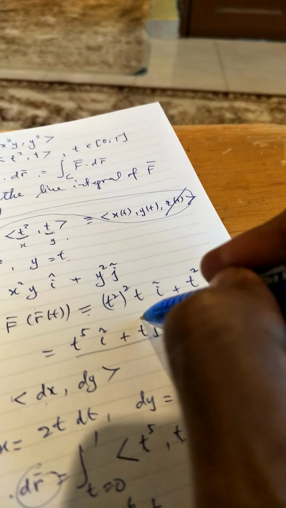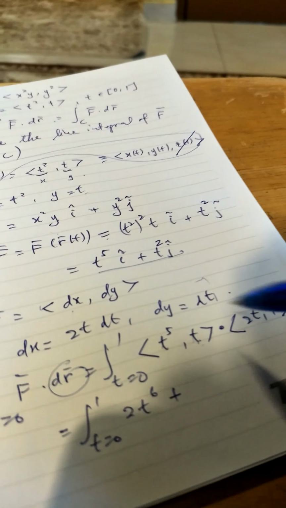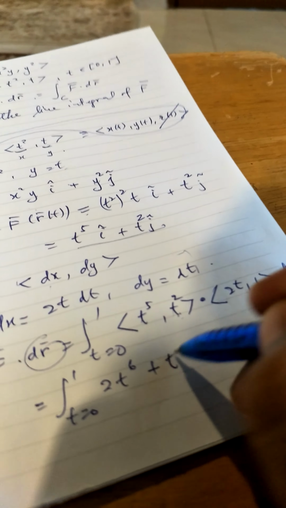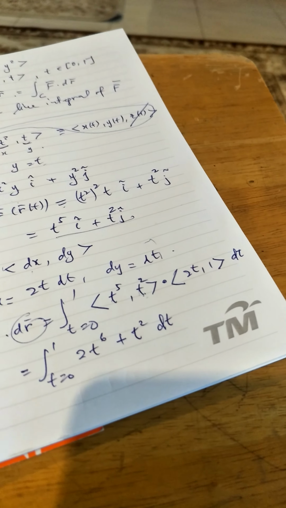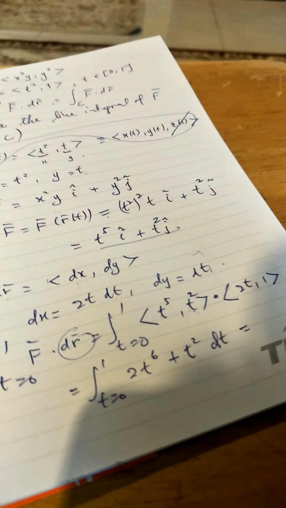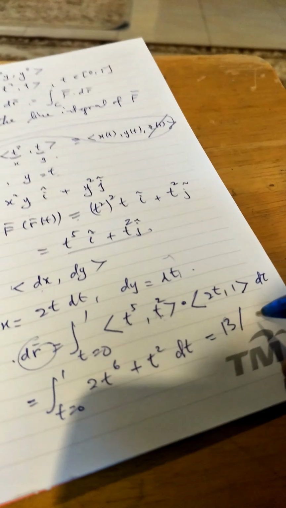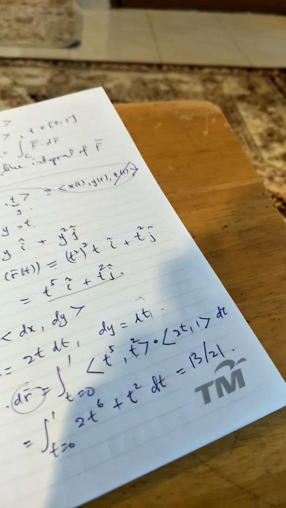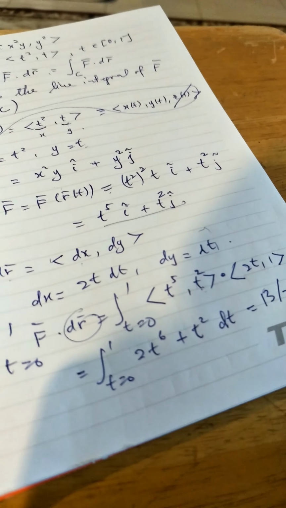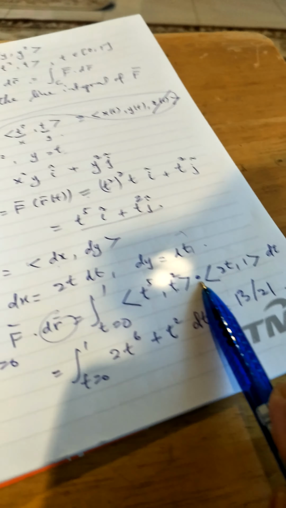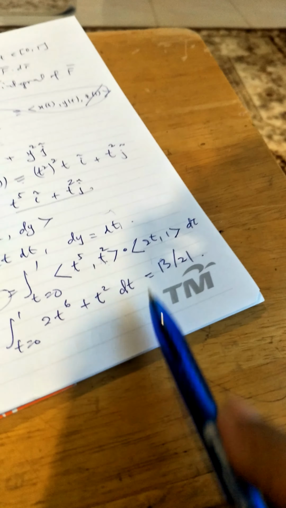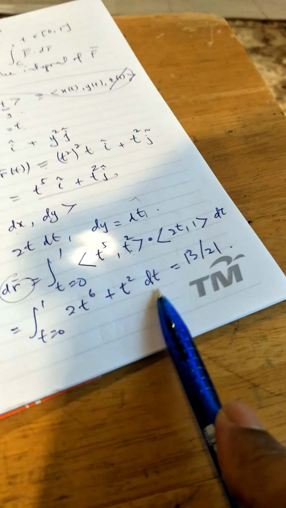So it should be t squared dt. Okay, then you can solve this. That gives you 13/21. Just one thing here, do not make a silly mistake. Dot product gives you a scalar, no more vector, no more ij here, so don't make that silly mistake.